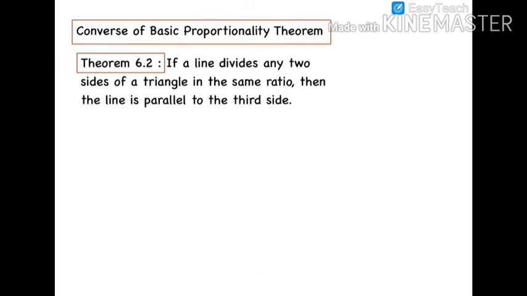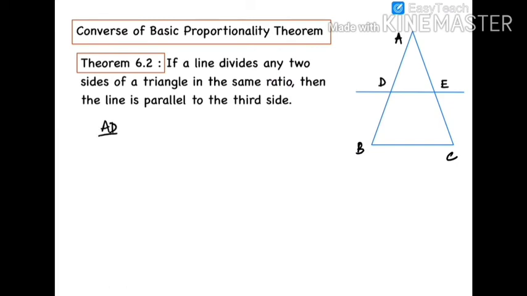So let's draw a triangle. So we have a triangle ABC. Drawing a line that divides side AB at point D and side AC at point E, such that AD upon DB is equal to AE upon EC.